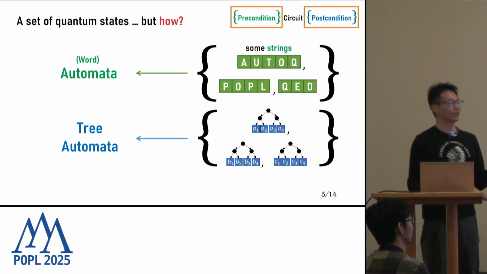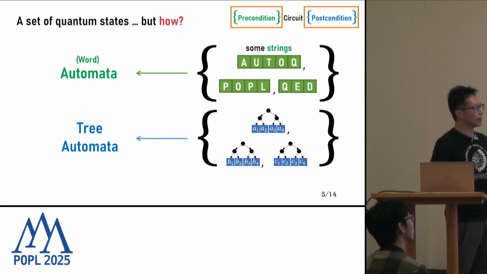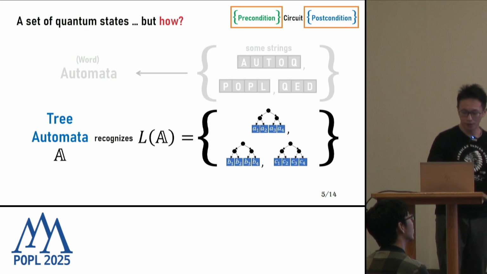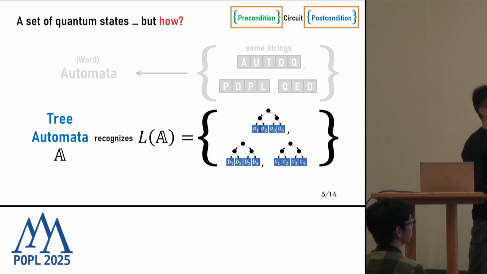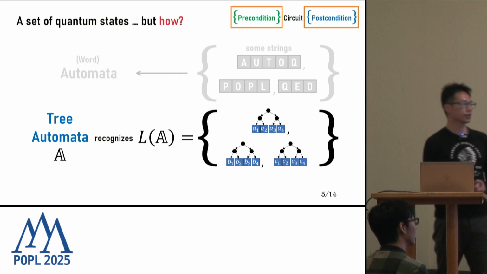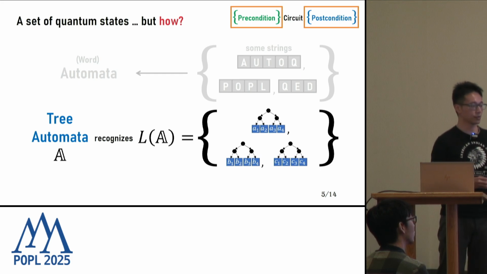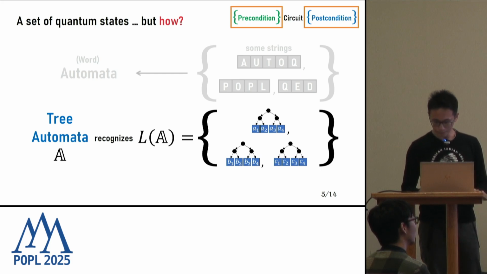So we can actually use tree automata to encode sets of quantum states. That is, given a set of quantum states that we want to encode, we want to construct an automaton A such that the language recognized by this automaton is equal to this set of quantum states.